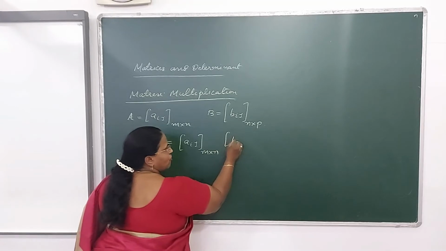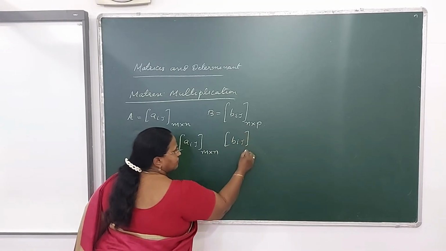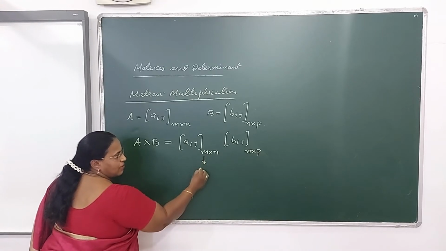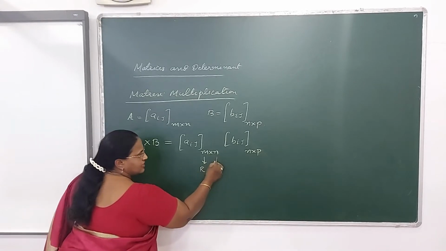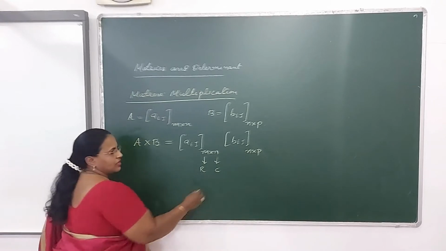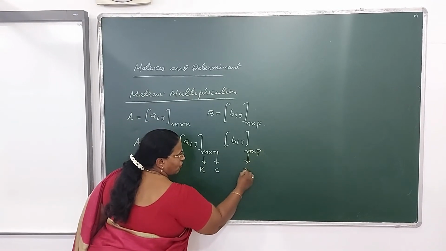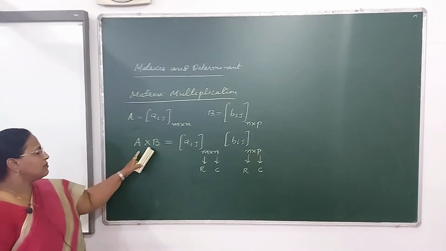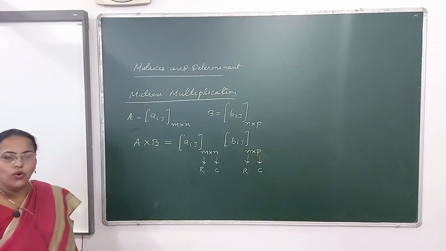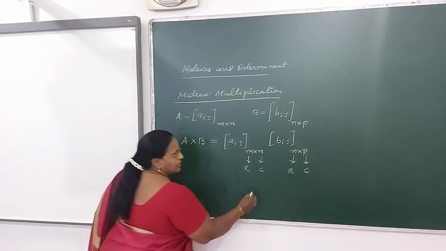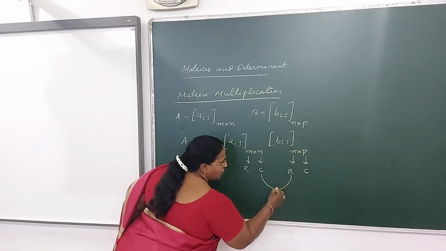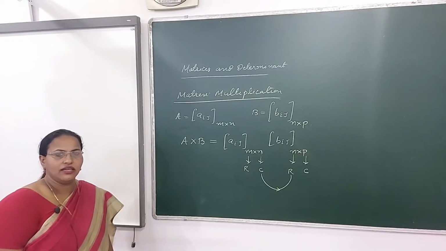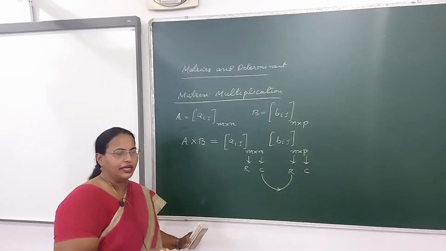This is Bij of order n by p. In this you see, this is the number of rows, this is the number of columns. This is the number of rows, this is the number of columns. Matrix multiplication is possible only when the number of columns of first is equal to the number of rows of second.